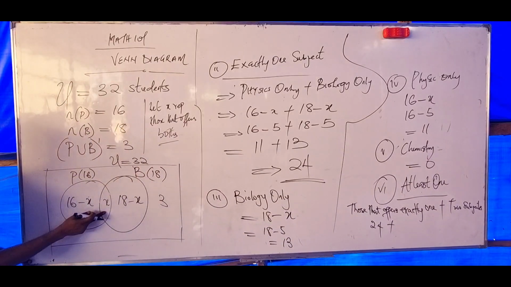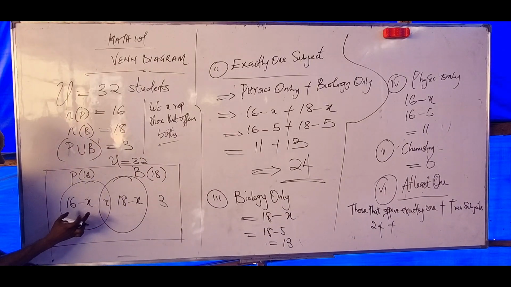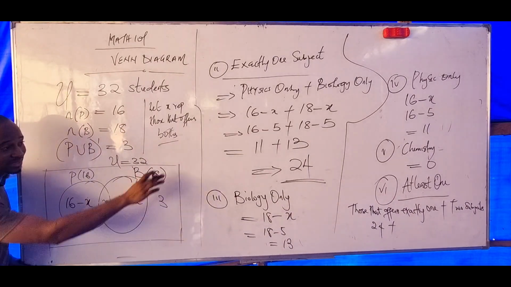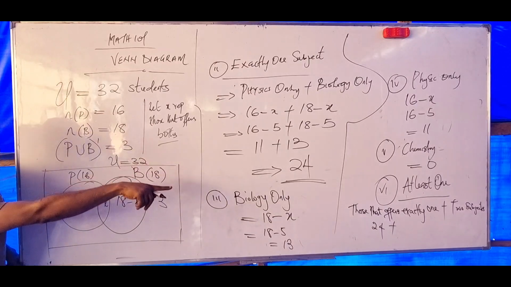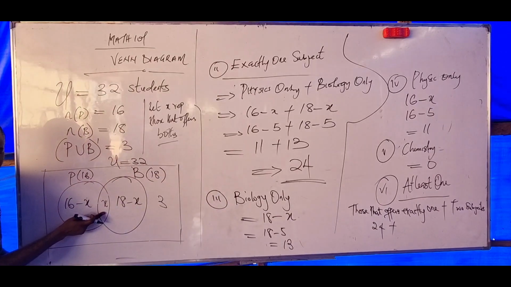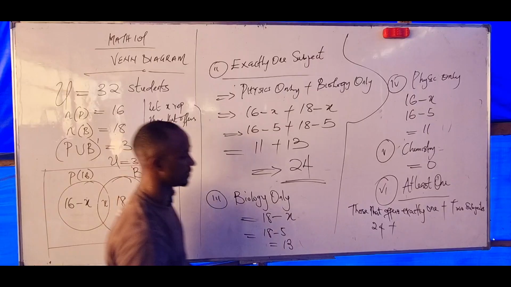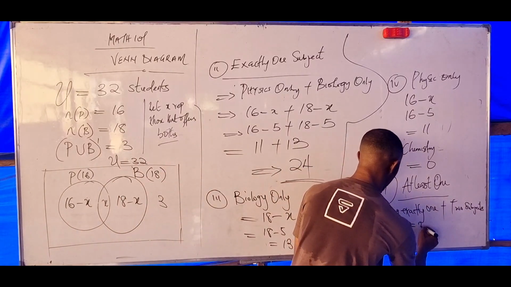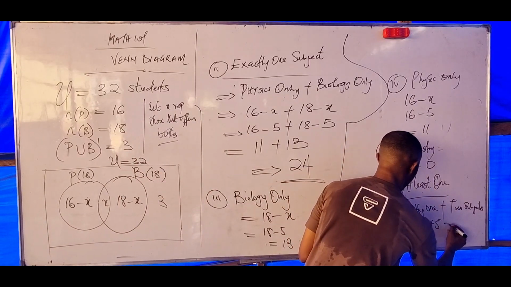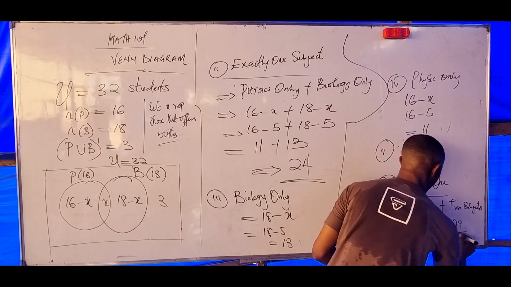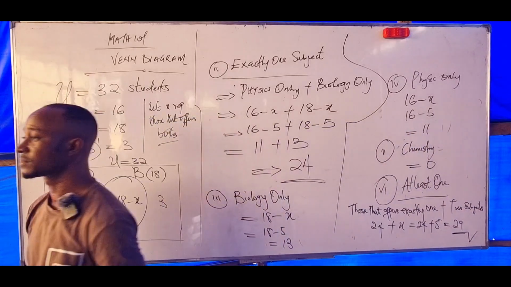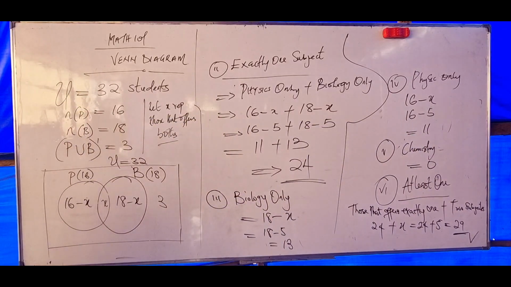The answer is x. Those that offer exactly 1 is this plus this. The answer is 24. Now, 2 subjects is x, so let me say plus x, which is 24 plus 5. What do you have there? 29. So put it down. Is that okay? Okay.